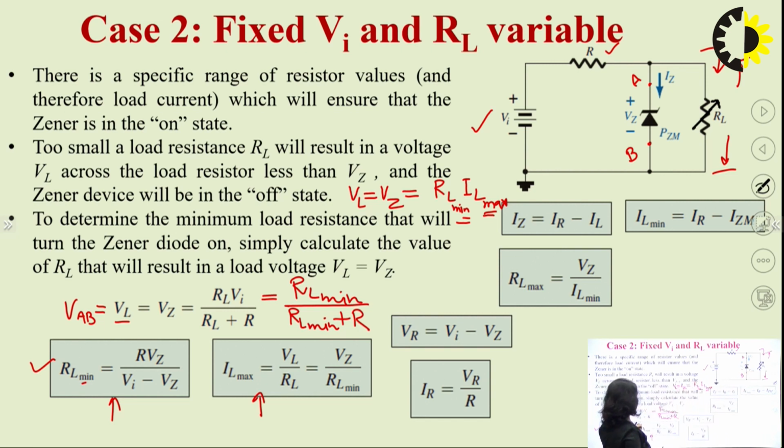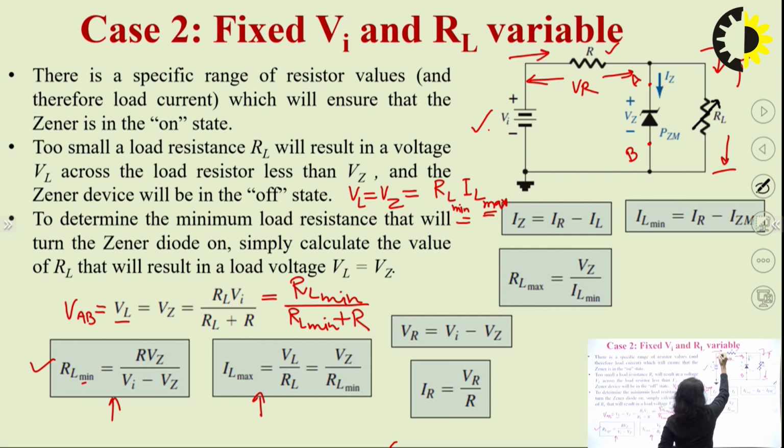Now the second case is we need to calculate the RL maximum. For calculating RL maximum, we have to consider two equations. One is this VI is minimum, fixed. The voltage appearing across this resistance, that is VR, is again fixed, because the current across this will be a fixed value.